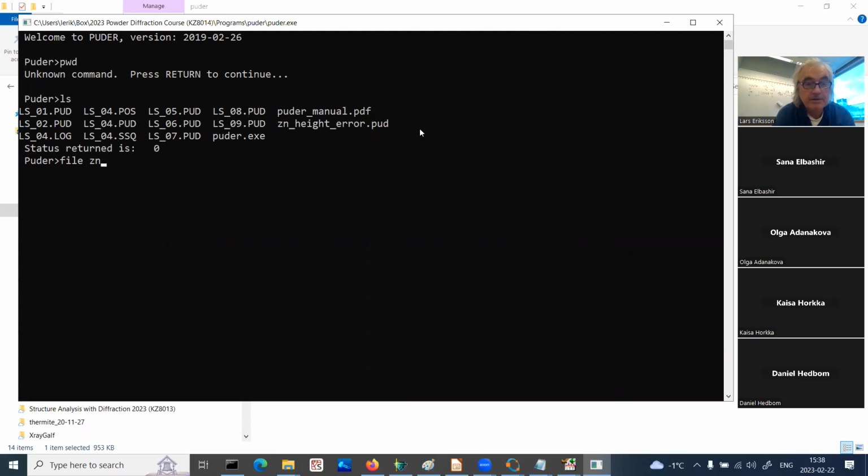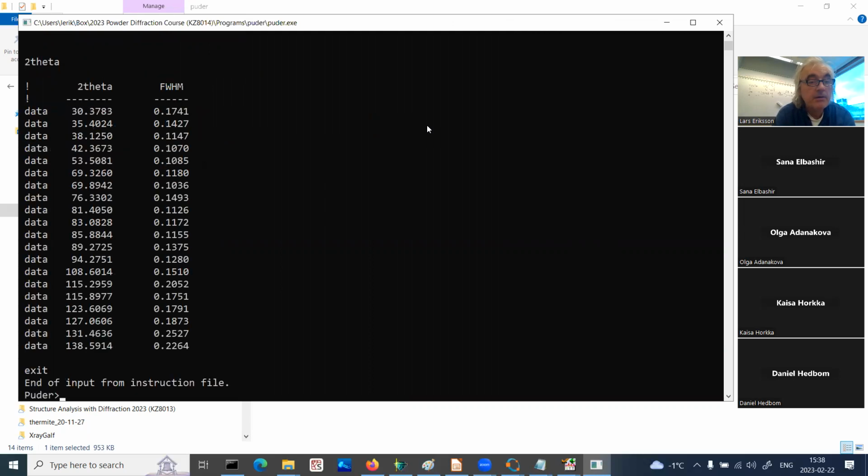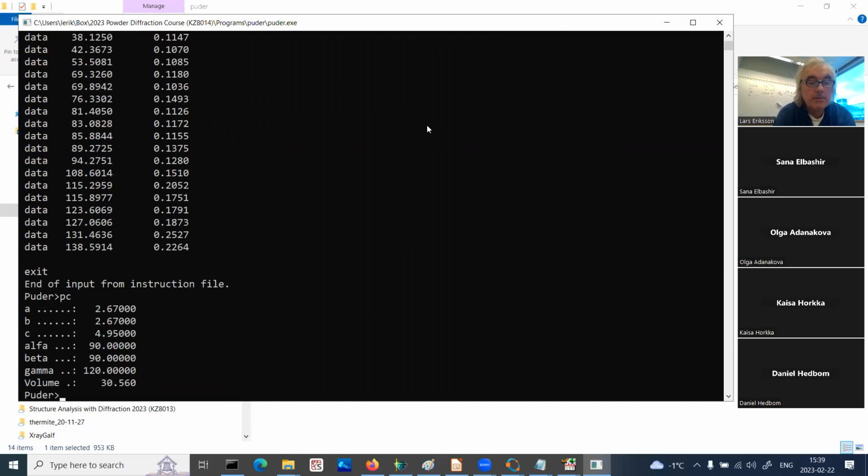I have a synthetic, an erroneous synthetic pattern with a huge height error. And we know the unit cell should be 2.66 and 4.95, 2.67 and 4.95 for metallic zinc.